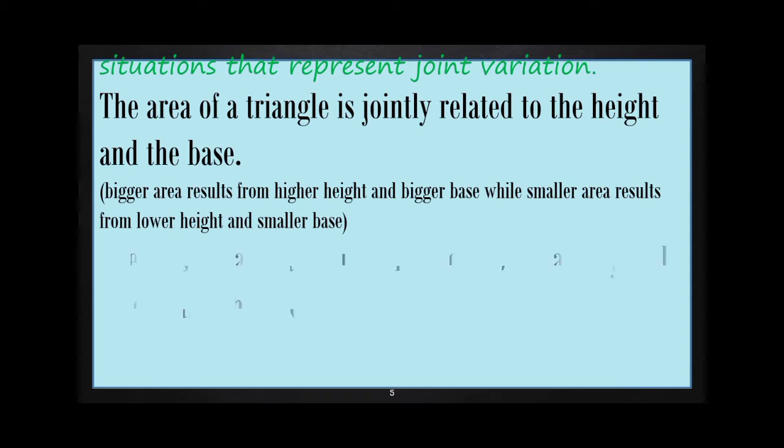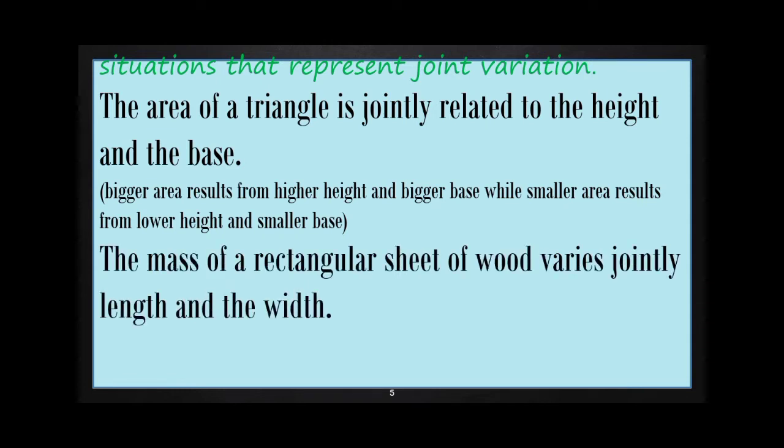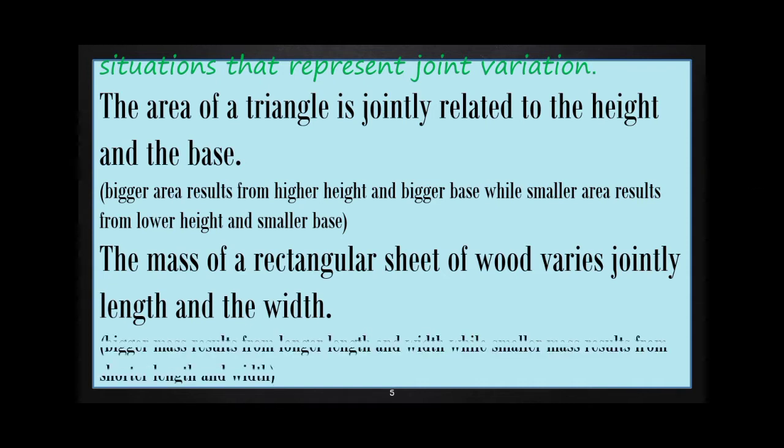Next is the mass of a rectangular sheet of wood varies jointly with the length and the width. So, ibig sabihin, bigger mass results from longer length and width, while smaller mass results from shorter length and width.